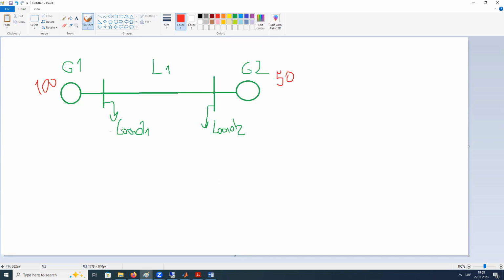And this load consumes 50, and this load consumes 100. It means that we have a power flow of 50 from here, 50 here, and 50 here. I think it is clear.